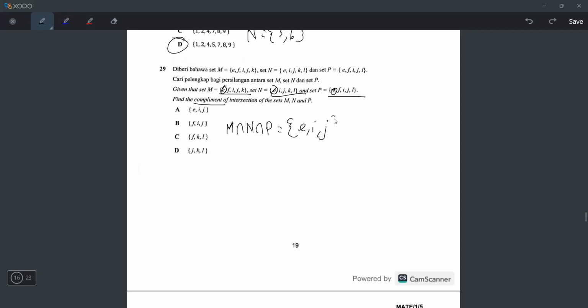L, no. Okay, so the intersection of M, N, and P, the 3 intersection, like if I draw, the one in the middle is only E, I, J. And then they say find the complement. It means what? Everything except E, I, J. So wrong, wrong, because got I, J. This one also wrong because got J, so the answer is C. Okay, because if I cut away E, I, J, you only are left with F, K, L. So F, K, L. This one just repeats.